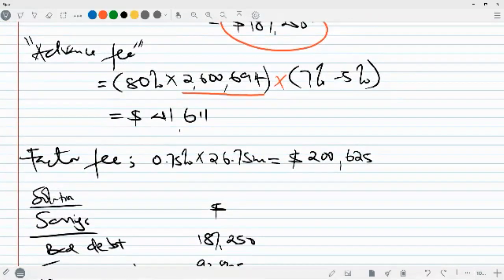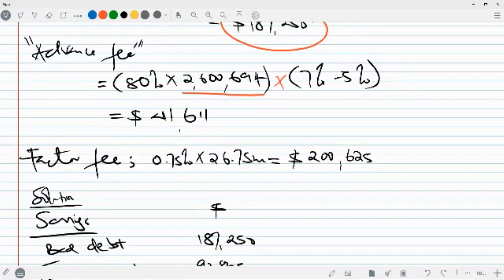I'm not getting something. Okay, so here you've been told that the factor advances 80% of the sales that you make, and on an average basis the amount of sales that you make is equal to 2.6 million, which is the receivable. Don't forget what a receivable is: a sale made on credit that is outstanding at a point in time.